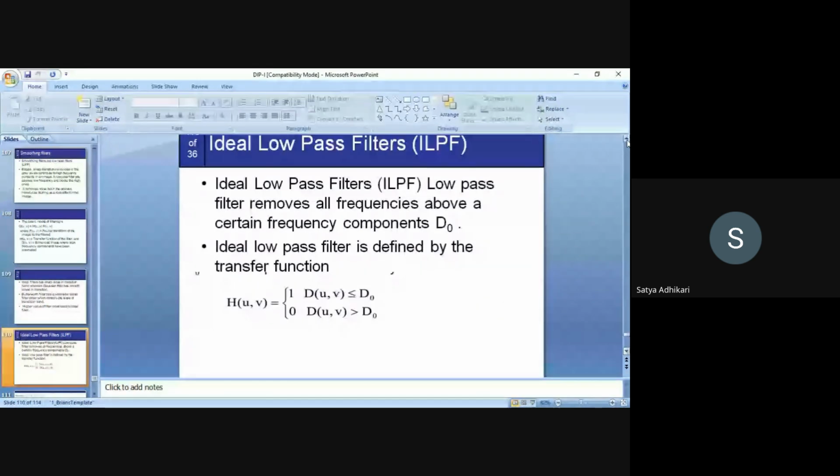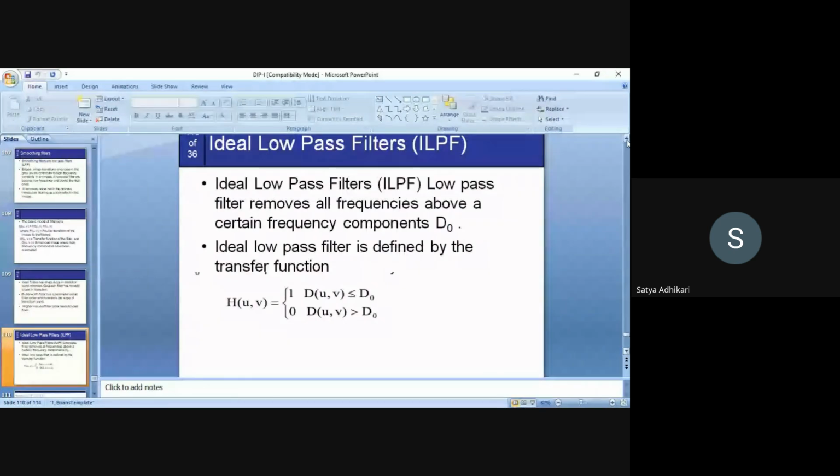Let us first discuss the ideal low pass filter. An ideal low pass filter removes all frequencies above a certain cutoff frequency D0. If the frequency is less than D0, it passes, otherwise it is blocked.